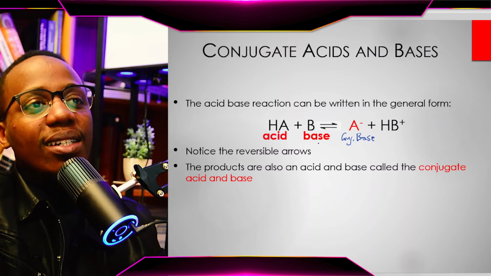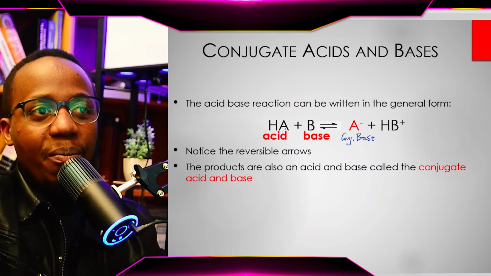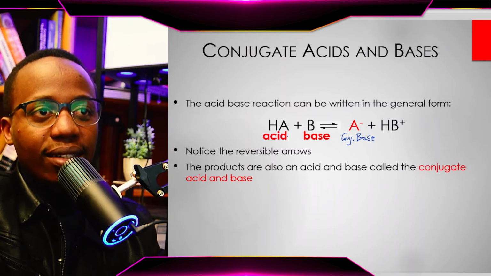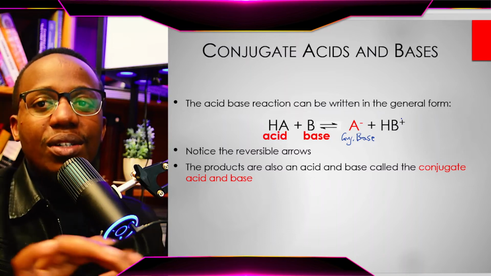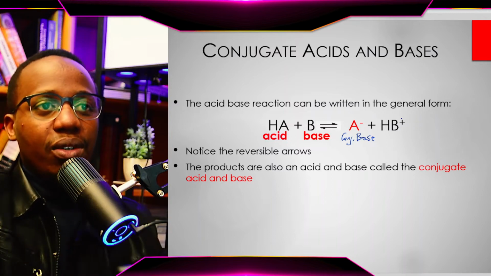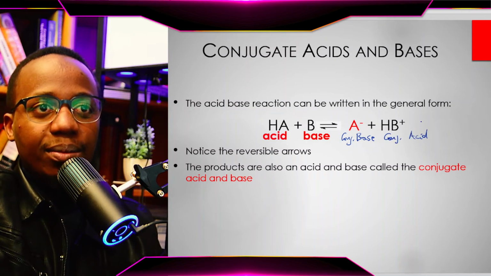And then same thing. Base needs hydrogen, right? But base gets hydrogen from acid. When base gets hydrogen from acid, now it has an excess hydrogen to give away. What do we call something that has hydrogen to give away? It's an acid. So this is going to be a conjugate acid.